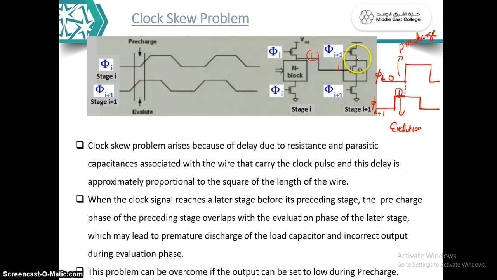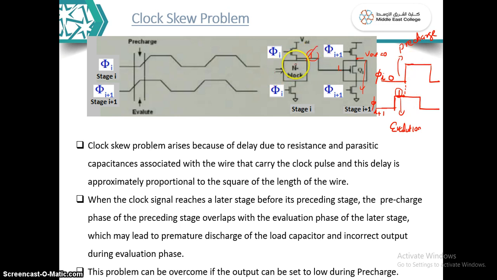This transistor will turn on. This was precharged to VDD. When the input is 1, that will be discharged to ground so that you will get your output as 0. But the first stage has not yet done its evaluation. After this time, the evaluation starts over here.